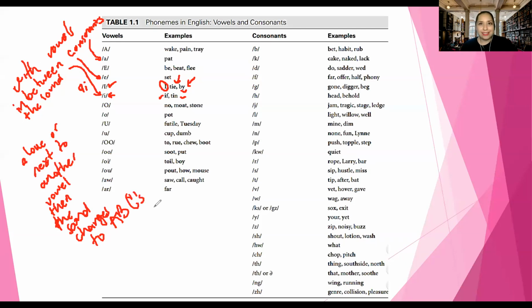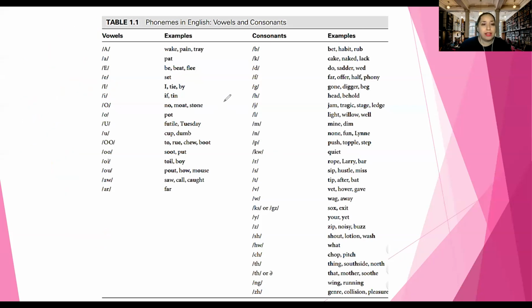Like I, tie, buy, wake, pain, tray, and so on. So you see, there is a hint for everything. You can just associate things. Learn to associate and you're gonna learn the language and you're gonna learn how to pronounce it in the correct way.